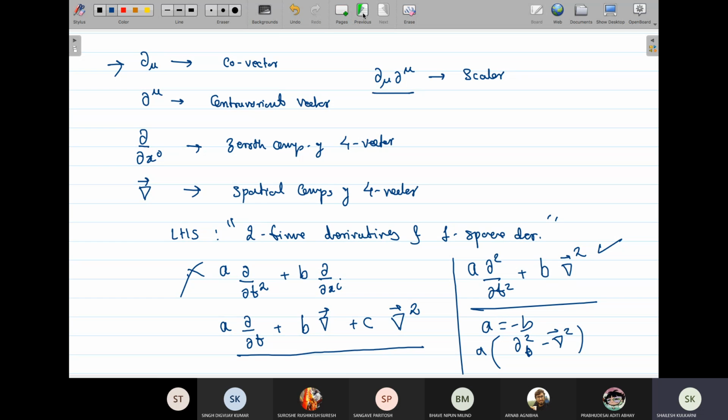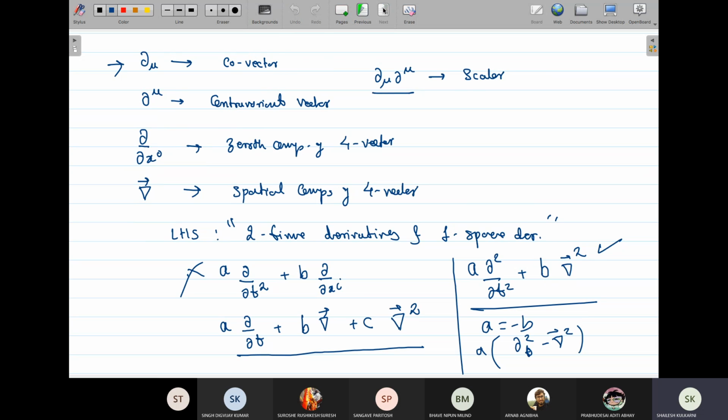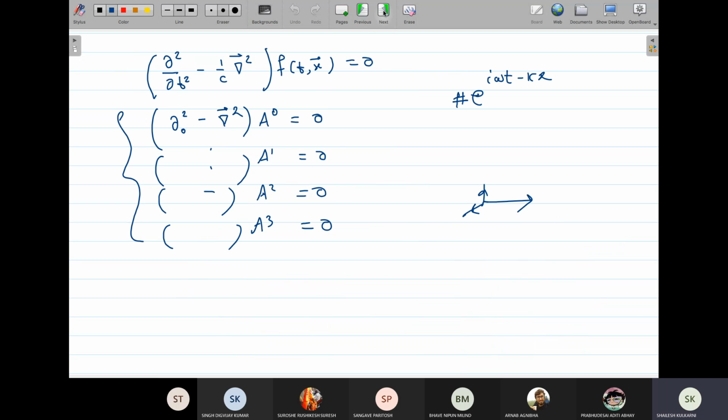But suppose I drop that restriction and demand that I want to construct a term which is Lorentz covariant, in the sense that I'm allowing the term to be a 4-vector, or a 4-tensor, or a higher rank tensor. But it should be an appropriate tensorial quantity.